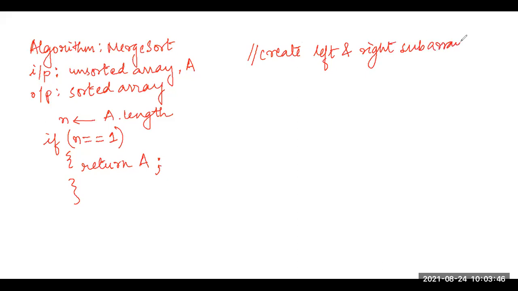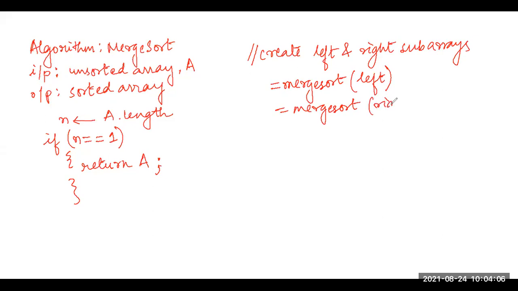So what was the concept of creating the left and the right parts? We were calling merge sort on our left part, and we were calling merge sort on our right part, right? And the values which came back, we were storing in the left part only, because when we were talking about this 1 3 2, we partitioned it into two parts.